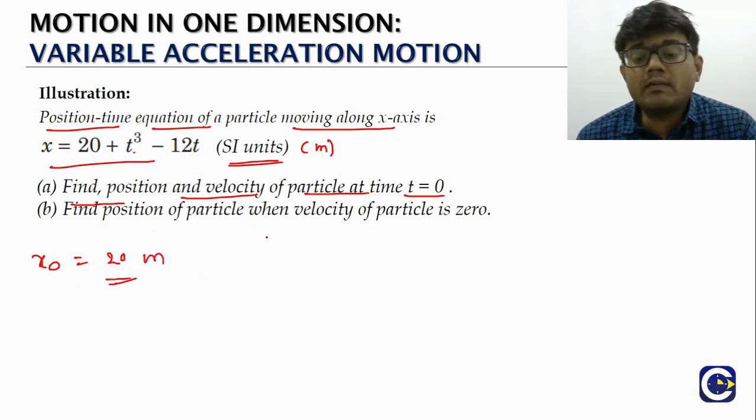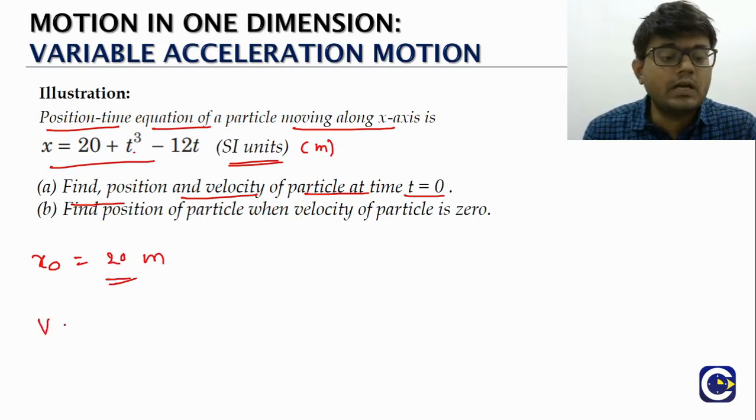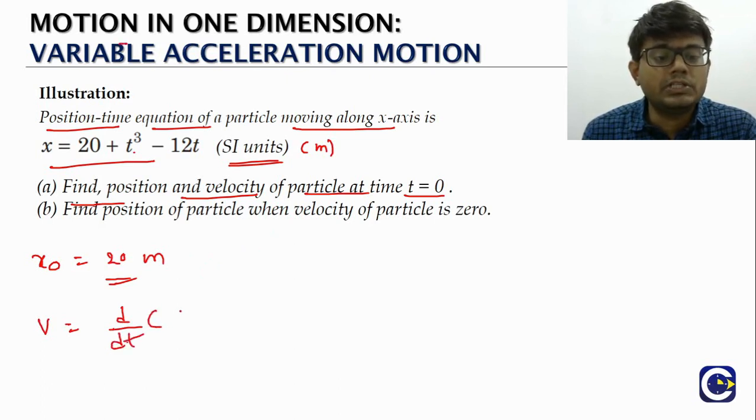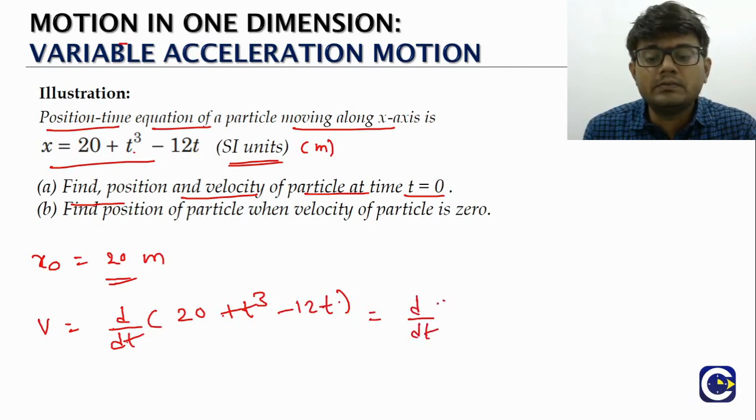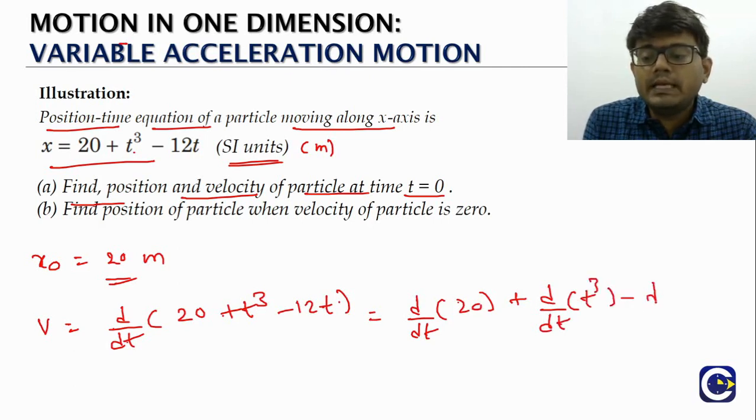They're also asking what is the velocity of the particle at t equal to 0. So first we need to get the velocity function. How do you get the velocity function? We have to take the derivative of the position, which is 20 plus t cube minus 12t. We'll split the derivative: derivative of 20 plus derivative of t cube minus derivative of 12t.